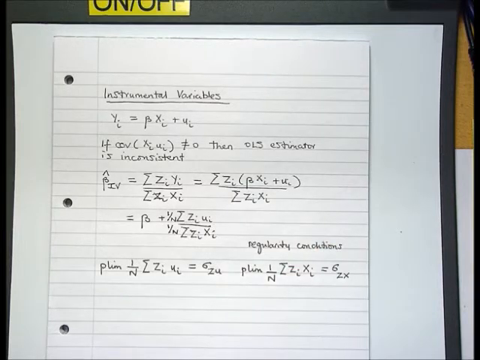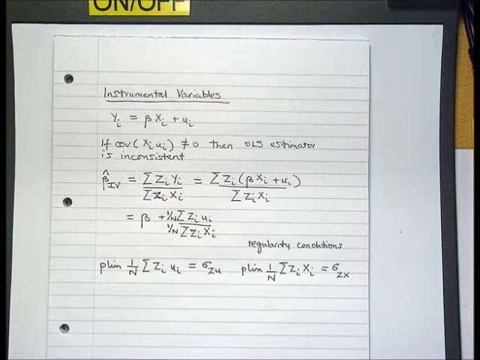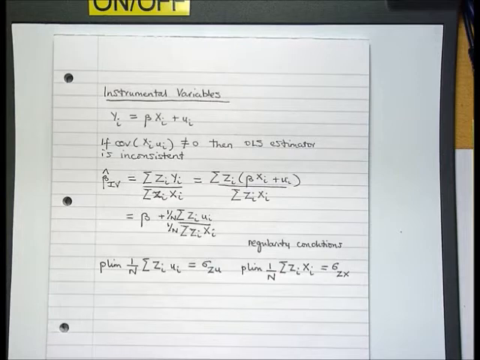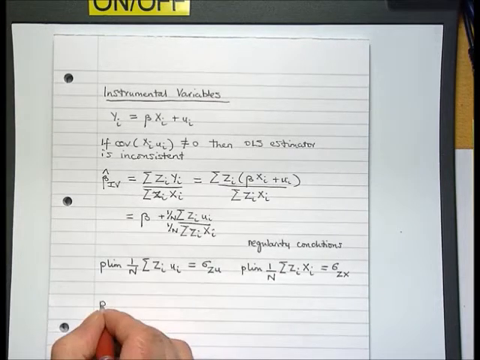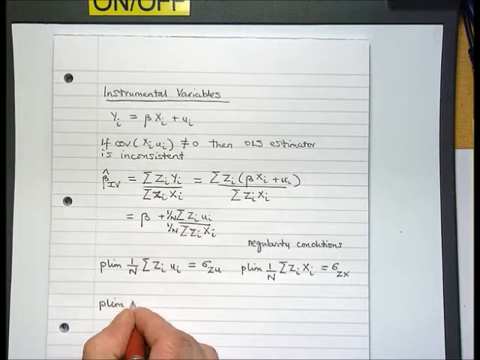I should note that these are assumptions. There may be situations in which these fail. We're not going to consider them here, we're going to assume that these hold, but there's no necessary reason why this should be the case, we're just going to assume it's the case. Now, if that's the case, we can show consistency quite straightforwardly.